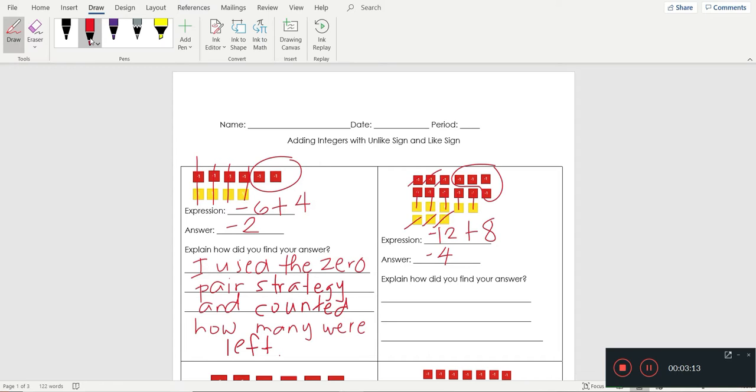So we can say, I subtracted 12 and 8. I got 4.